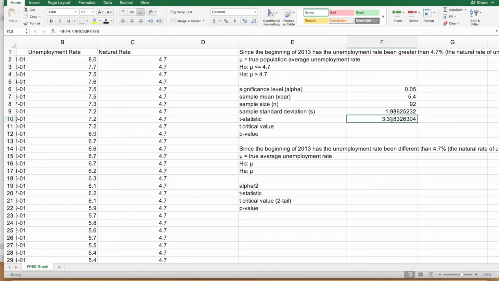So now we can say the sample unemployment rate is 3.34 standard errors above the null mean. So that 0.7 unemployment rate difference is the equivalent of 3.34 standard errors. So that's probably going to lead to rejecting the null, because that's pretty big.